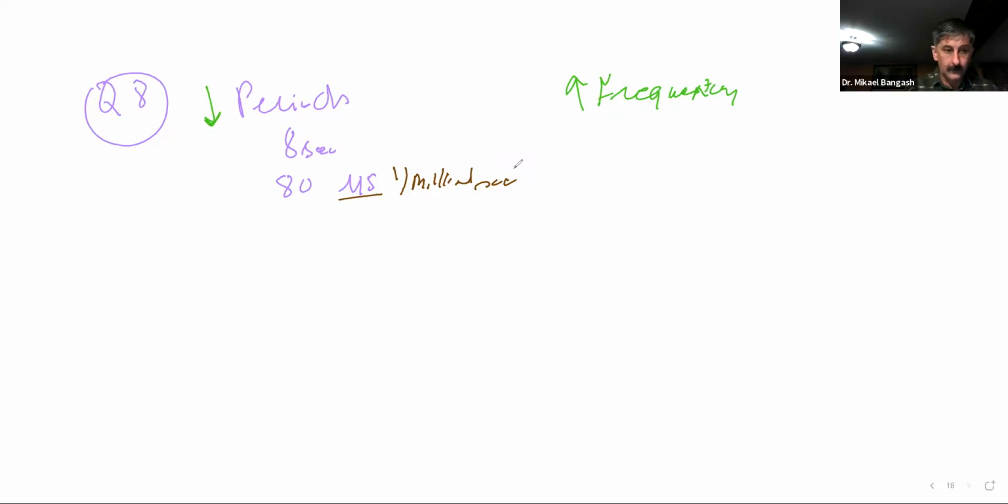The next one is also 8, similar to what we have here, but then they go megasecond. This mega here means 1 million, so 80 million seconds. That's a couple of hours, not to talk about maybe even days.